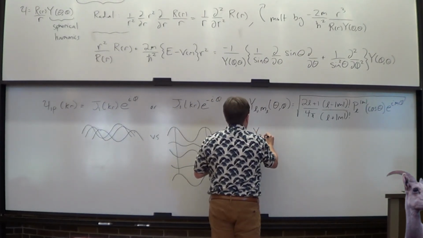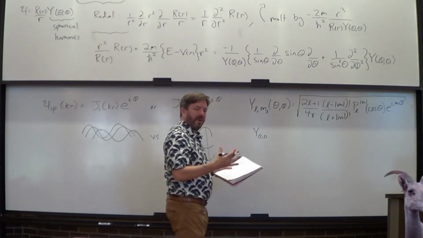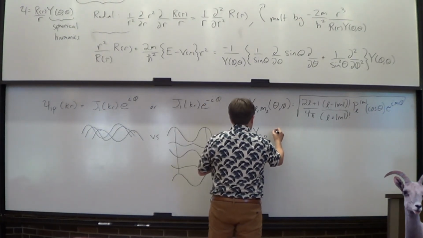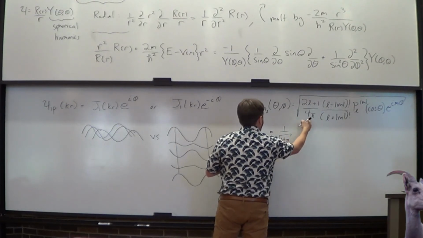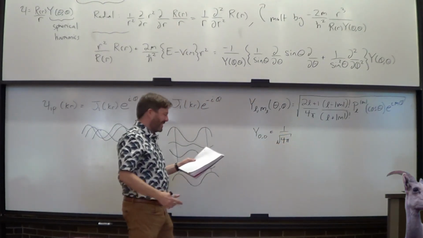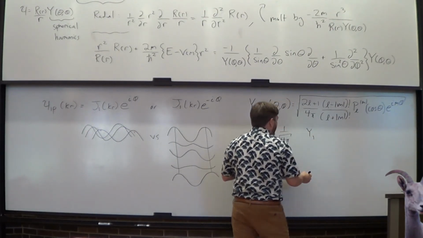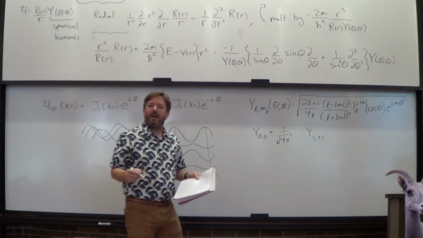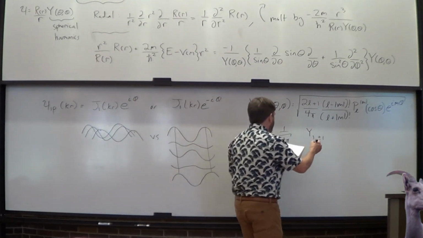Let's look at the S state. That's L of 0, and there's only one S state, so that's why we say 0, 0. It's just 1 over square root of 4 pi. It's right there. It's just a constant. If we do a P state, then we can have an m sub L of plus 1 or minus 1.